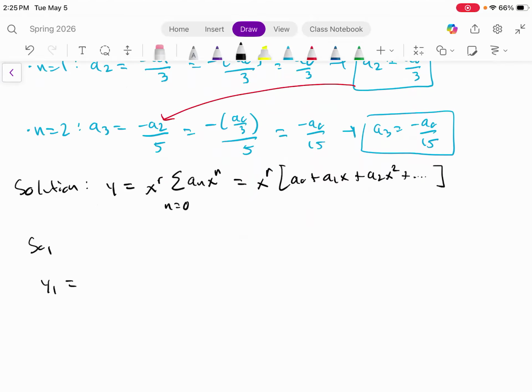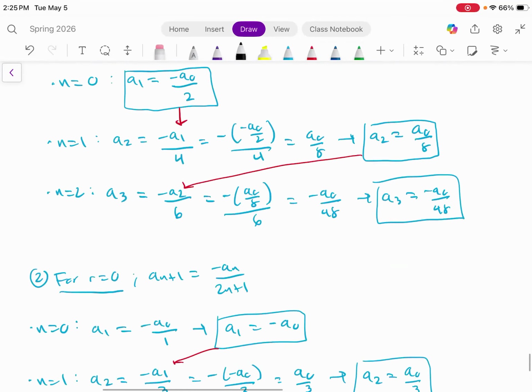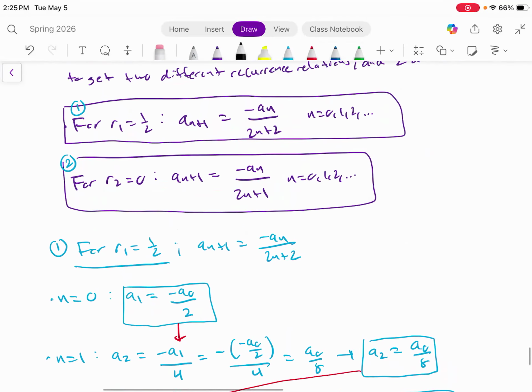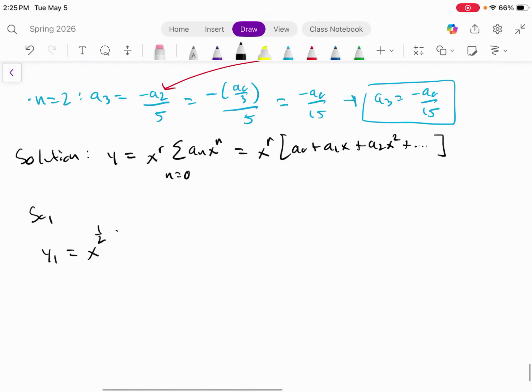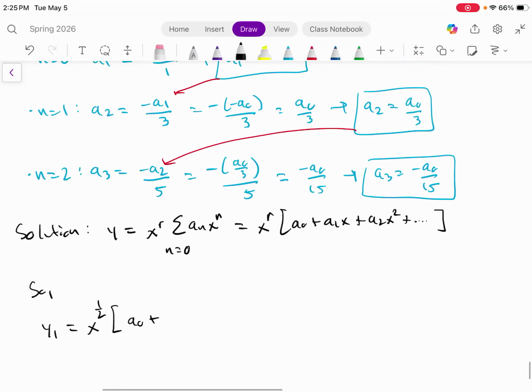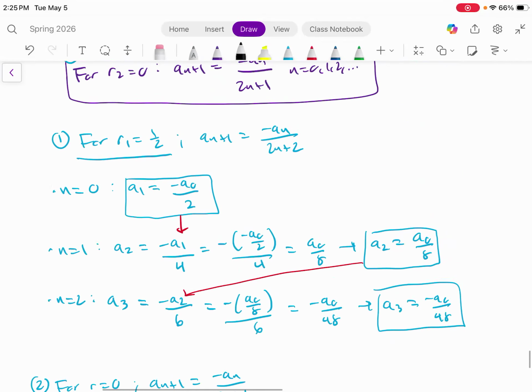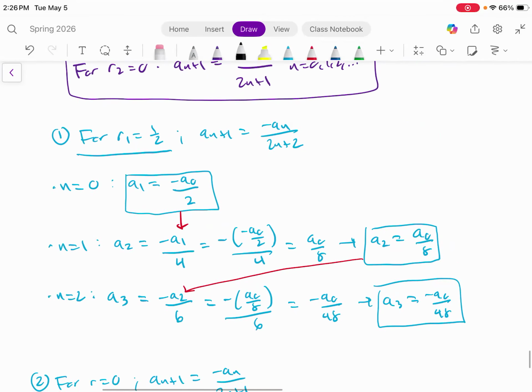y1 is going to equal x to the 1/2, because that's r equals 1/2. That's our first solution. And it would be a naught plus a1x. And we found a1 to be negative a naught over 2. a2 was a naught over 8. a3 was negative a naught over 48.